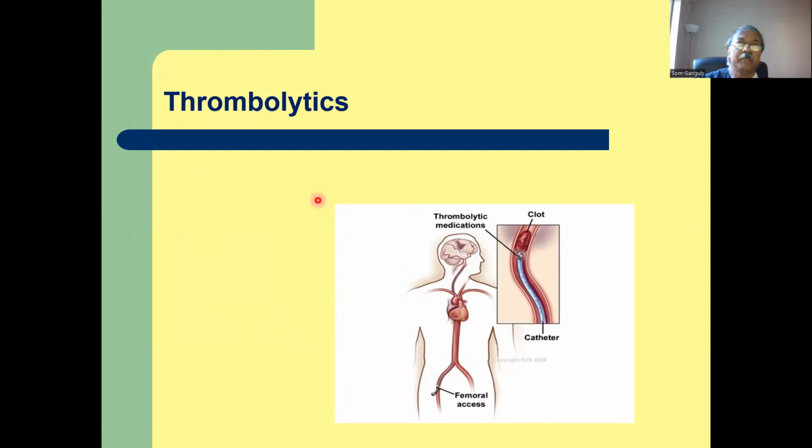Now, if they have too many platelets, then there is a problem also. What happens is they have a tendency to form clots like this here. This is the blood vessel, and there is clot formation here. And this is not induced by any bleeding, any cut in the vessel.